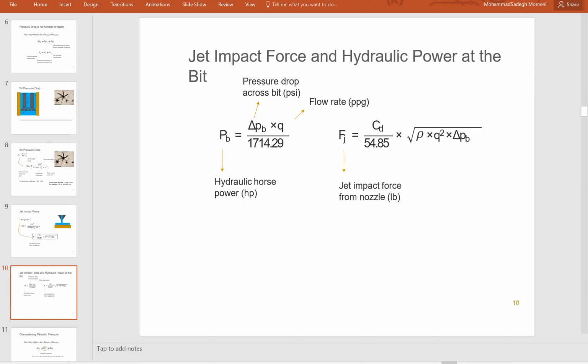The flow rate should be in GPM, gallon per minute. It can't be ppg. And another one is the jet impact force that we just discussed, how we can find the jet impact force, and the unit is pound, of course.